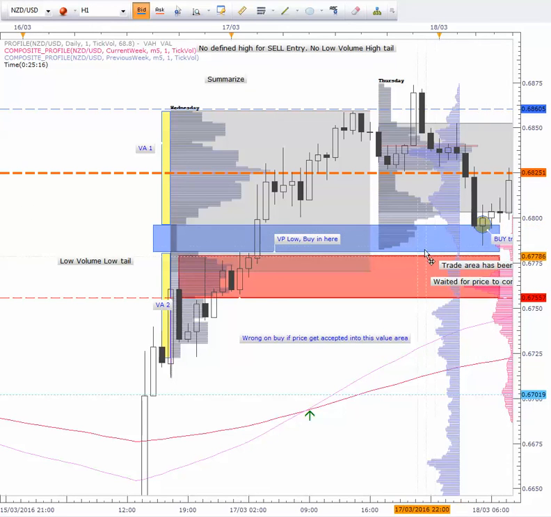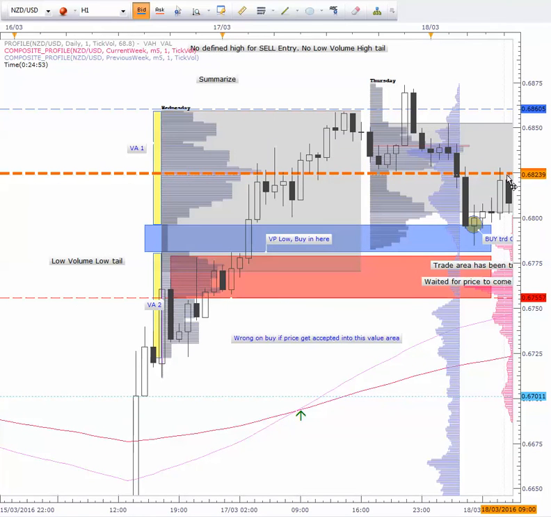It's telling me if I come back into this buy area, and it gets accepted into the buy area, then look for it to rotate into the next area of acceptance. And then on this bar, my target is achieved. And the following bar, it comes back down.